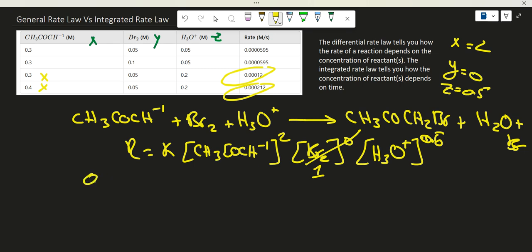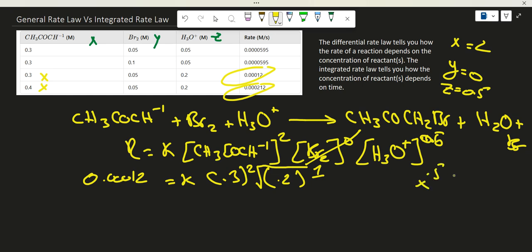So R, which is the third line, 0.00012, equals K, which is unknown, times [CH3COCH2^-], which is 0.3, squared of course, times the hydronium, H+ or H3O+, which is 0.2 to the power of 0.5, so just take the square root of it, because X to the 0.5 is the same thing as root X. So let's erase this handy dandy note. Let's do the math now.